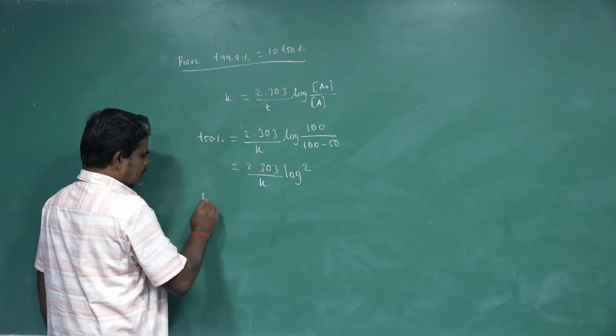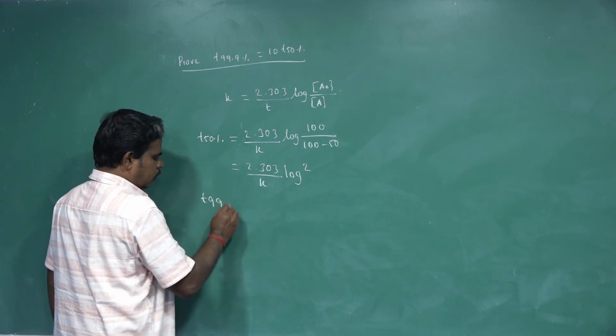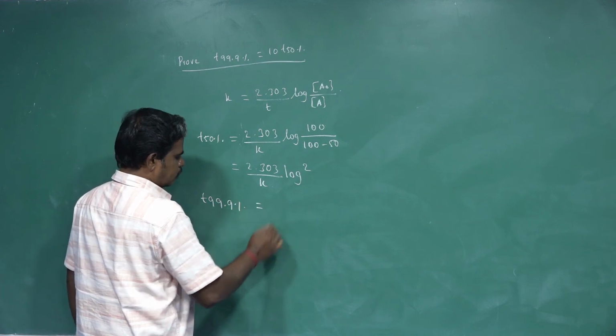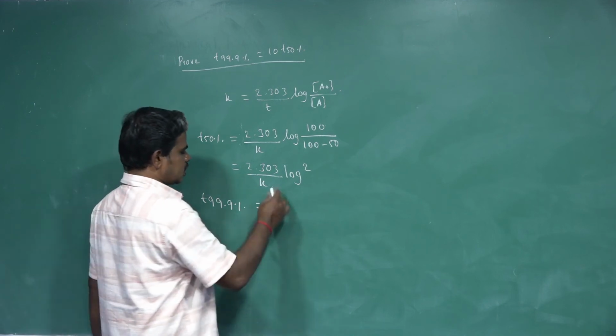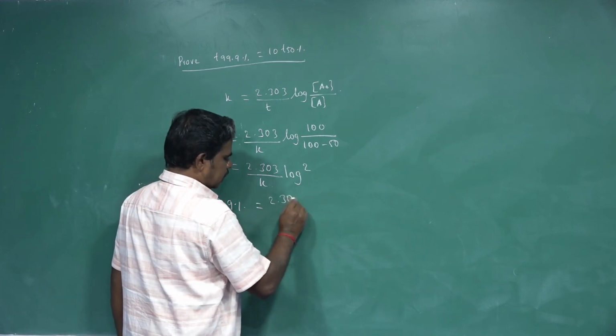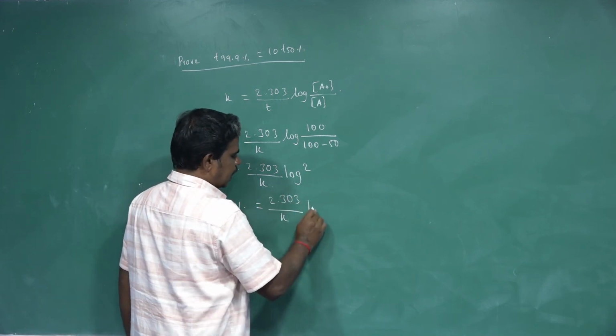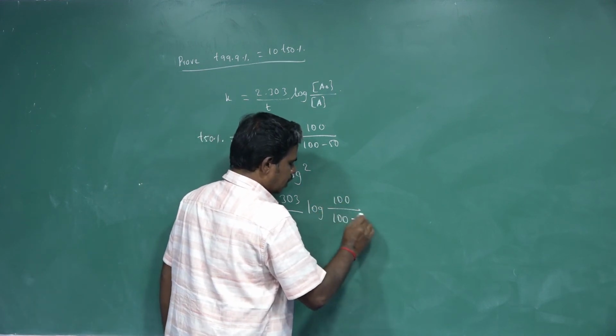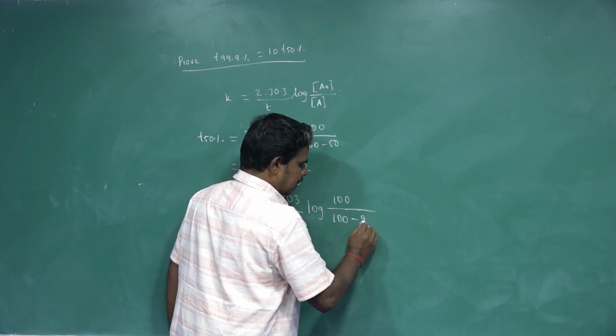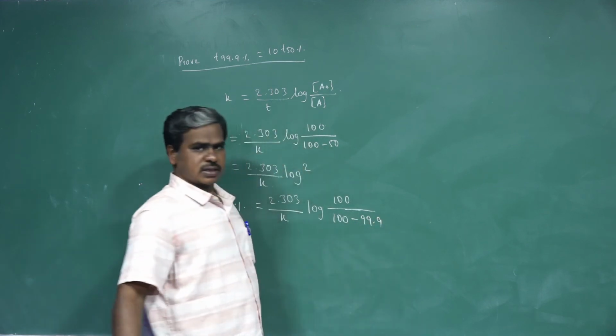Now we take T for 99.9% decomposition, which is 2.303 by K log 100 by 100 minus 99.9.